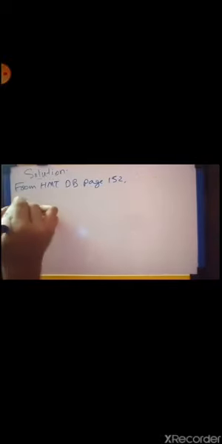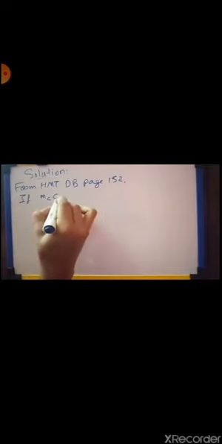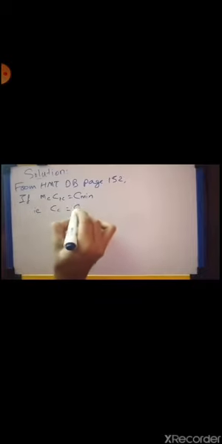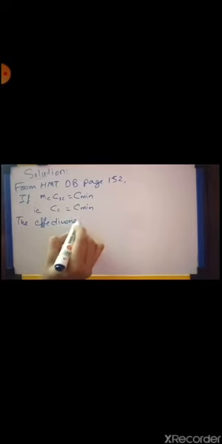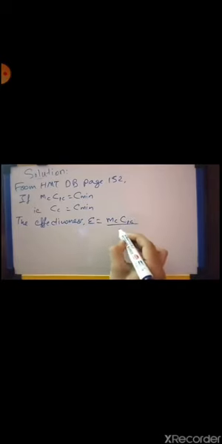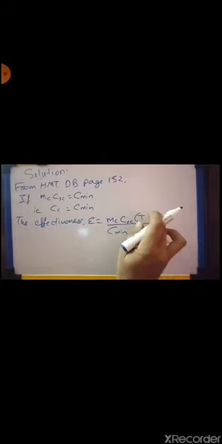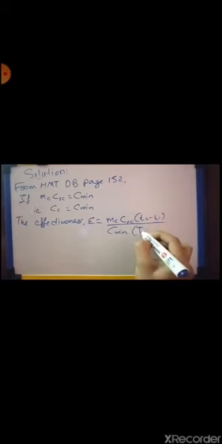Then from HMT data book page number 152, here if m dot c Cpc is equal to C minimum, that is capital CC is equal to C minimum, then the equation for the effectiveness is epsilon is equal to m dot c Cpc divided by C minimum, whole into small t2 minus small t1 divided by capital T1 minus small t1.